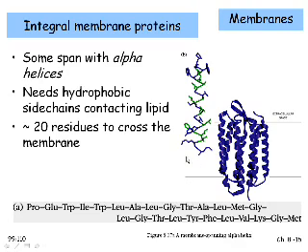When you look at the spatial shape or dimensions of an alpha helix, and you look at the thickness of a double membrane, of a lipid bilayer, you can figure out that it takes roughly 20 residues in an alpha helix to span from outside to the other outside. So it's roughly 20 residues from one side to the other side of a double membrane.